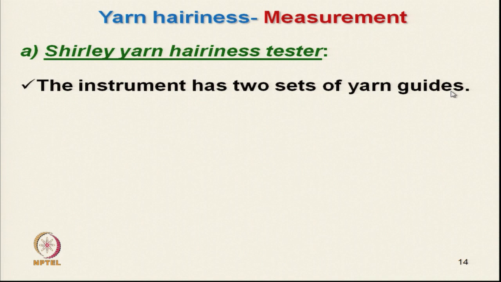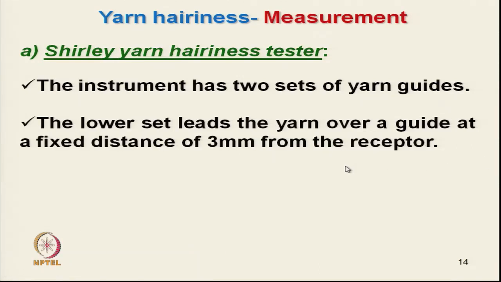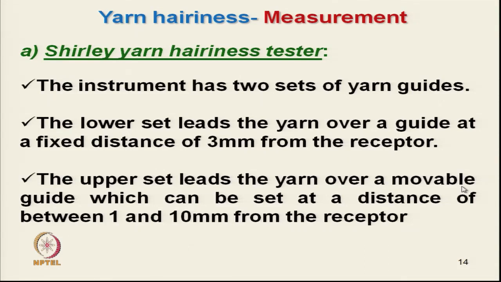Okay. Now, this yarn hairiness tester has two sets of yarn guides that we have discussed. The lower set leads the yarn over a guide at a fixed distance of 3 millimeter from the receptor, because the guide roller actually sets the distance. The upper set leads the yarn guide, which is movable, at different distances from the receptor, between 1 millimeter and 10 millimeter.